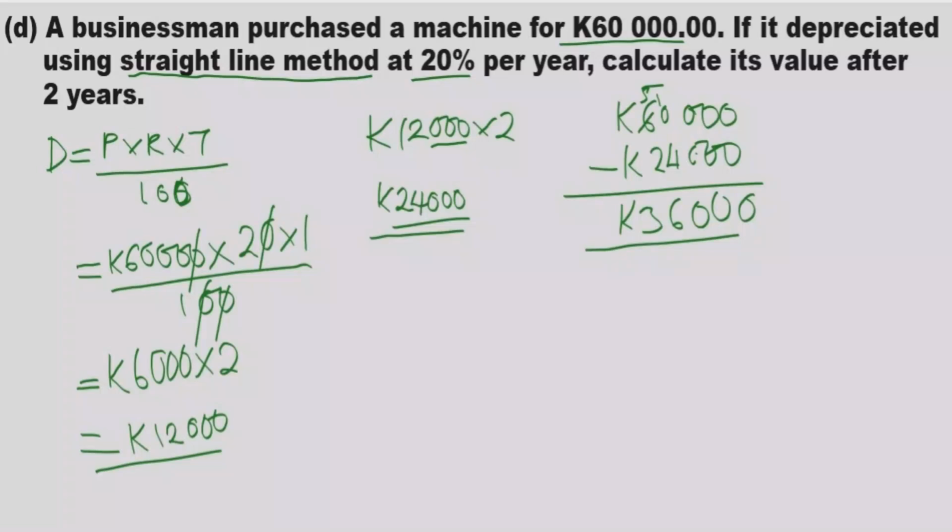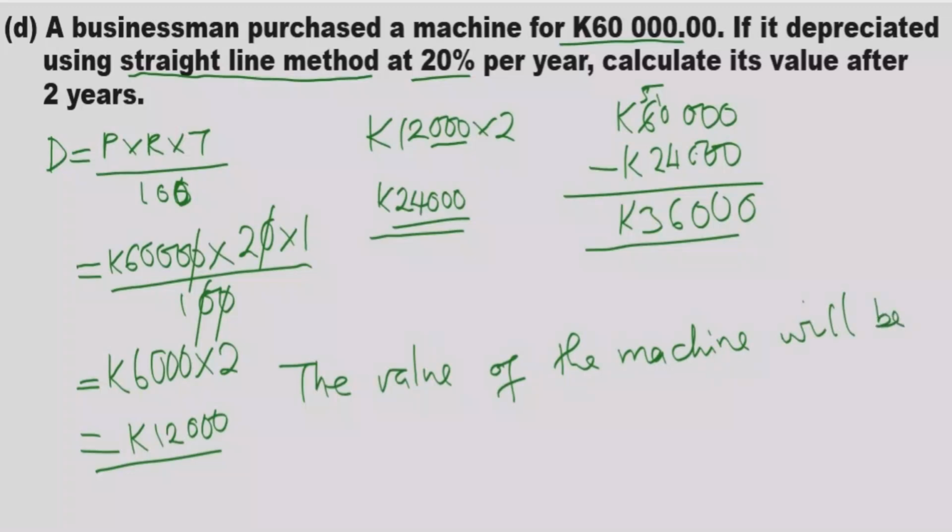So we can say the value of the machine will be 36,000 kwacha at the end of 2 years.